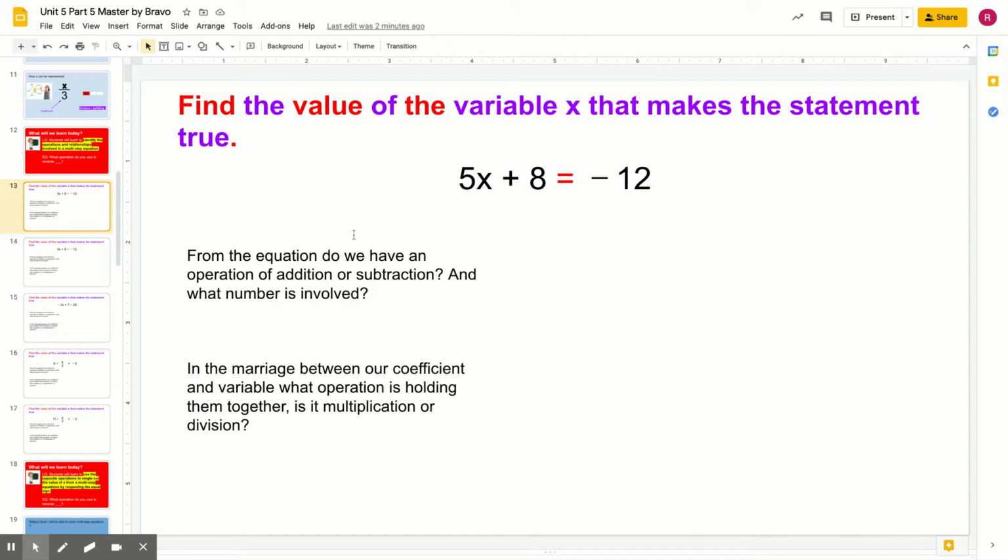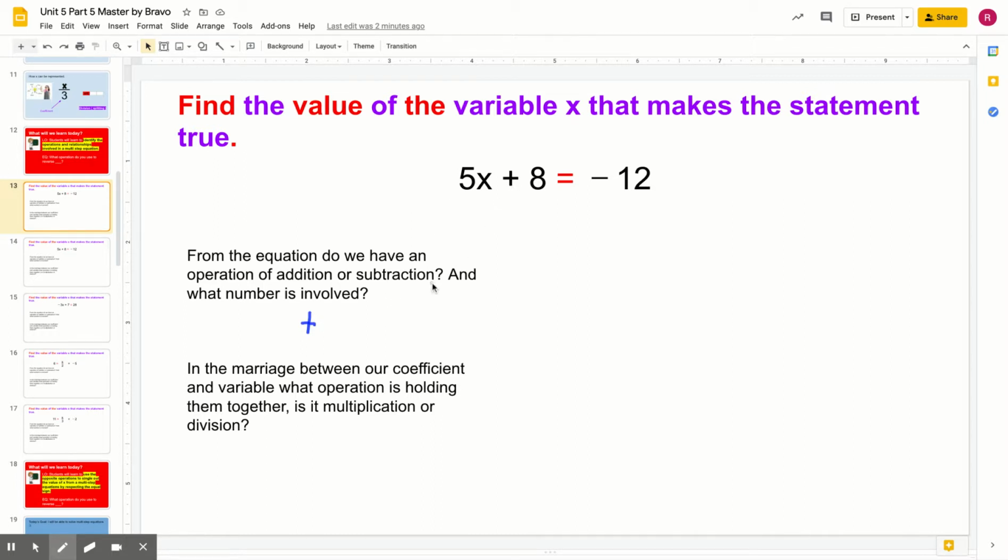So the first question I will be asking you is, from the equation, do we have an operation of addition or subtraction? So looking at this, do we have any type of operation that involves addition or subtraction? I hope that you were able to notice that we actually do. We have the operation of addition right there.